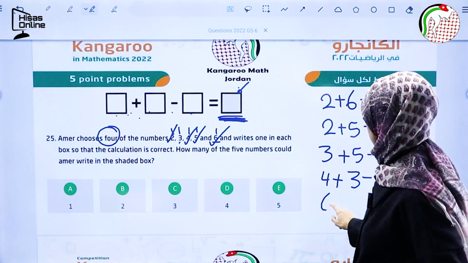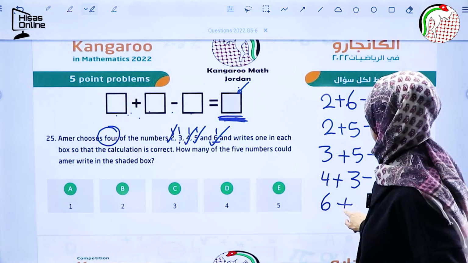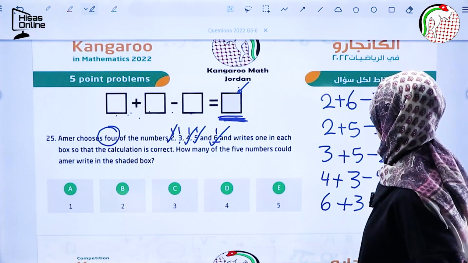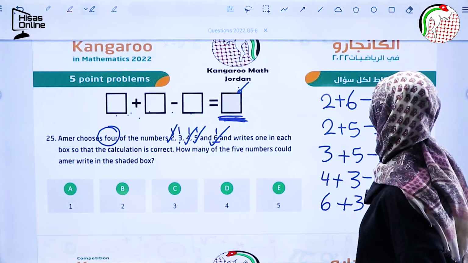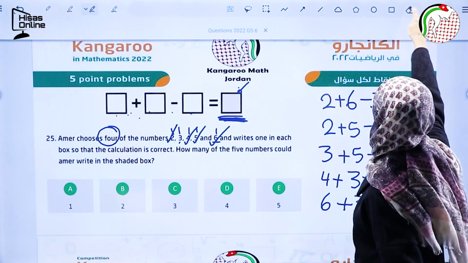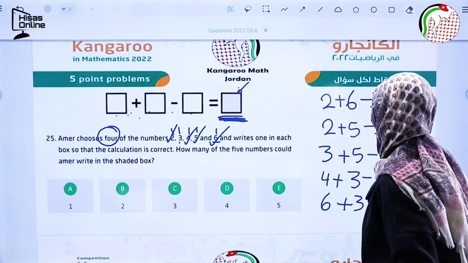Now 6 plus 3 minus 9, 9 minus 5. That makes again 4. No, we need something else.